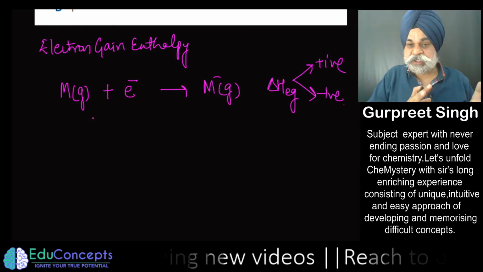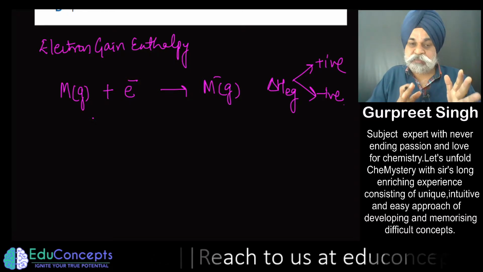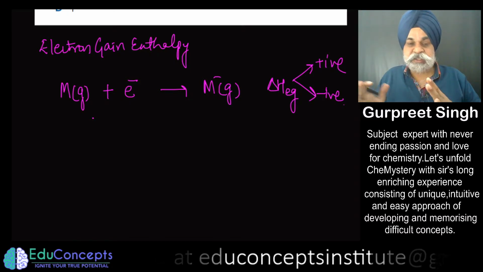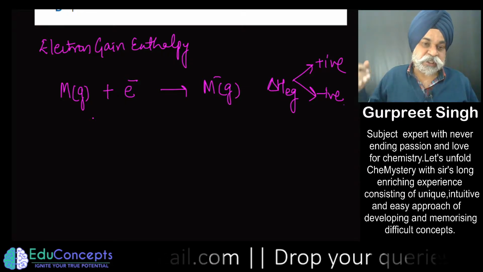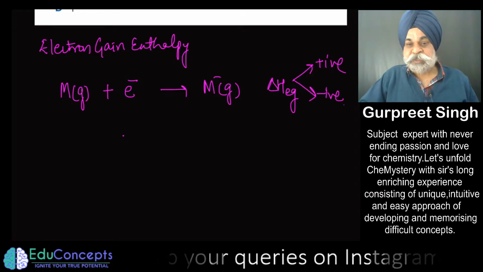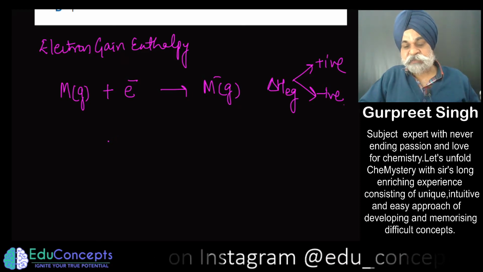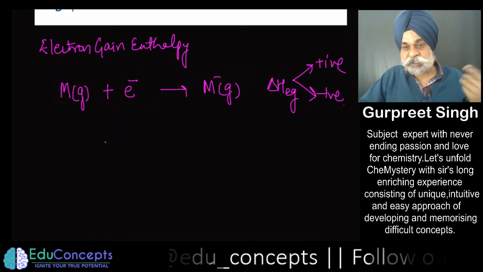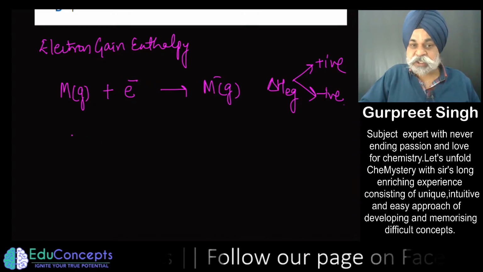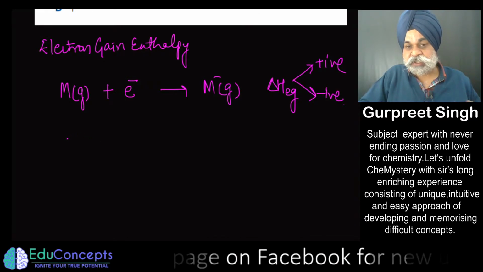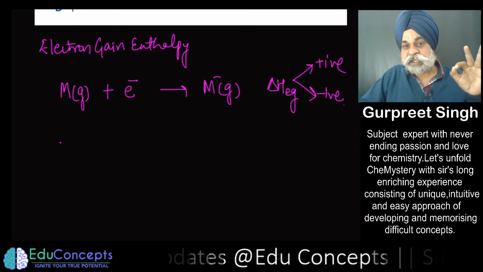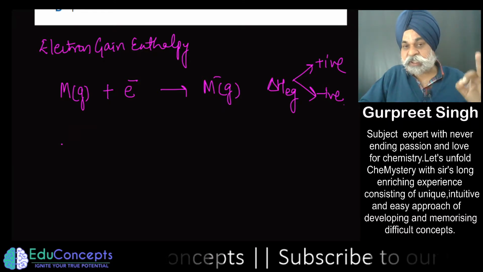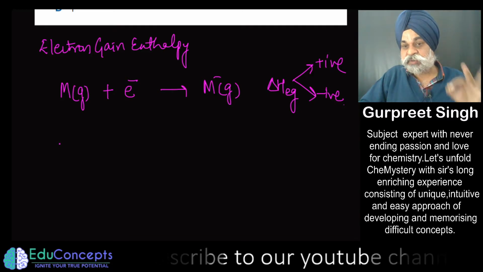If the repulsion happens to be greater, or for some reason the repulsion becomes greater for the incoming electron, then energy has to be given to introduce that electron into that element. And if the attractive energy of the nucleus is more, then there would be a release of energy. In the entire periodic table, if you take any element in the gaseous state and put an electron into it, it mostly releases energy.